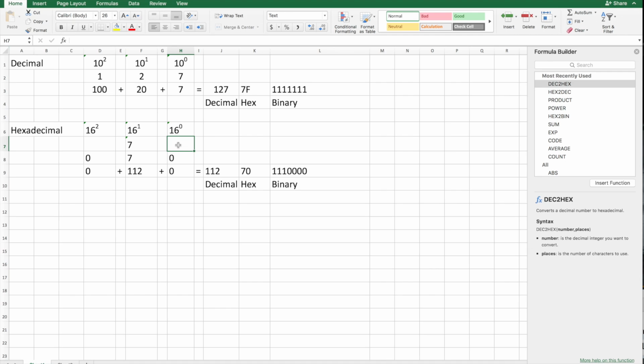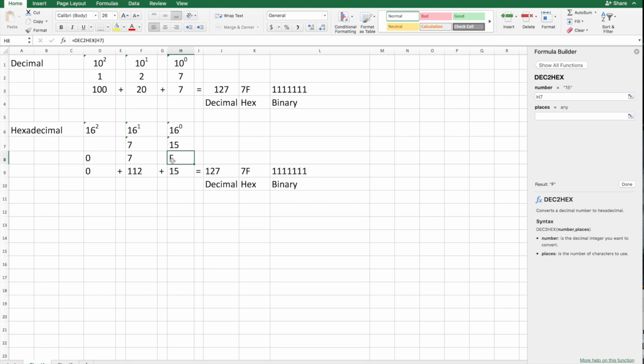But like I told you, F means 15. So let me put 15 in there so you understand the meaning of it. It means 15 units of the 16 to the 0 column, which is 1. I said anything to the 0 is 1. And 7 units of the 16 to the 1 column.